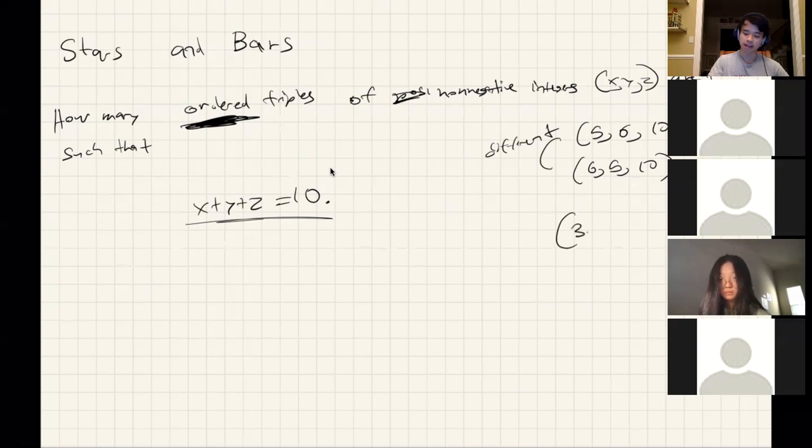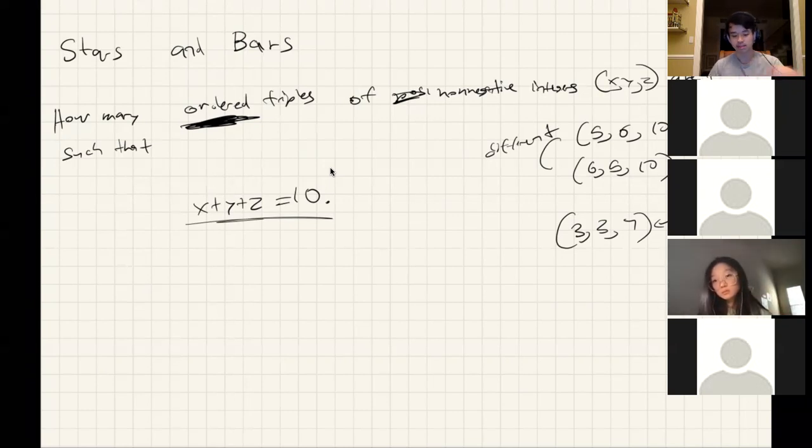That's because you have things like 3, 3, and 4, where two of the elements are the same. We can't just divide by 6 to get the number of unordered triples, is what I'm saying.